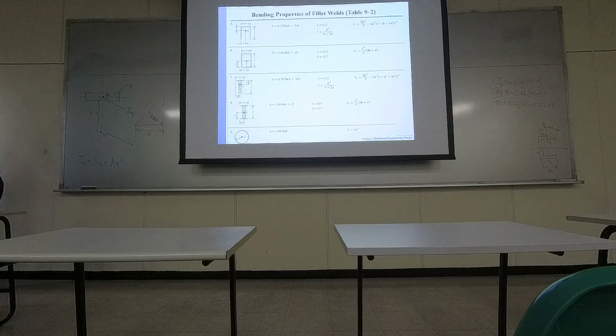And there are some known equations, because you usually weld the mechanical parts in some common shapes. So this chapter sometimes will also provide some known equations for you, so you don't need to do all the math again and again.